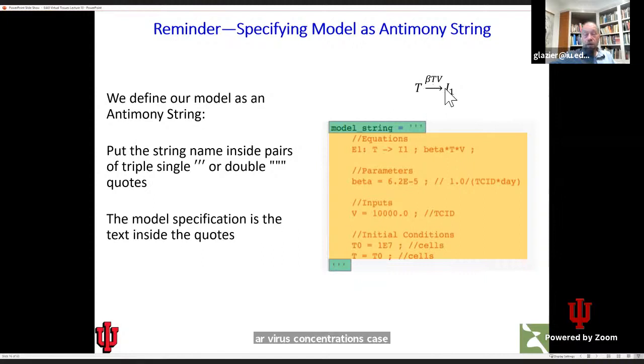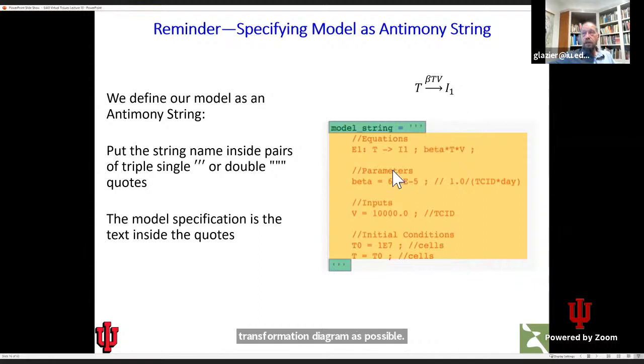And that arrow diagram, which is a typical way to represent reactions, turns into a rate equation. In this case, I've named the rate E1, colon, T goes to I1, and then the rate. One of the things that's nice about Antimony is that it tries to make the model specification as similar as possible to what you draw in an arrow diagram, a transformation diagram.